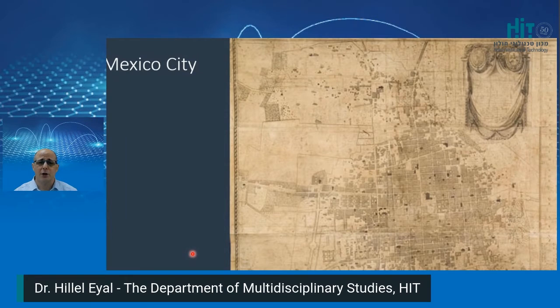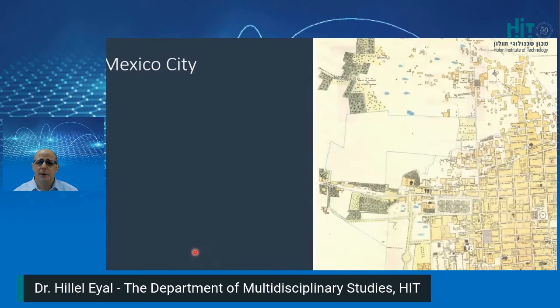Mexico City was the largest city in the New World, in the Americas, up until 1800 and beyond. It was home to about 170,000 people, by far the largest city in the world, and certainly the most important economic center of the Spanish Empire. And therefore, it was also a place where Indians and Spaniards met.